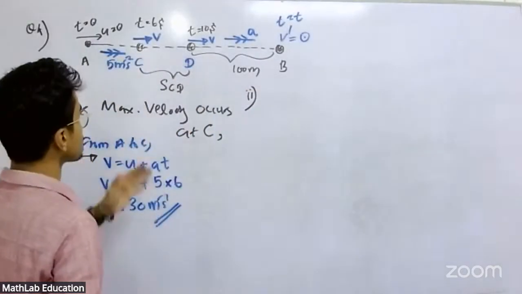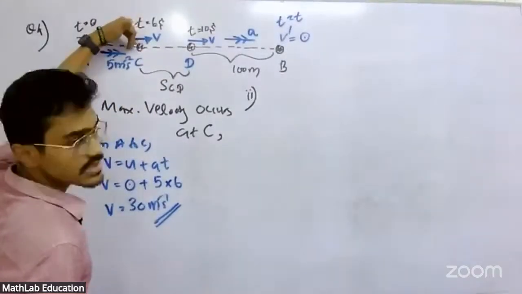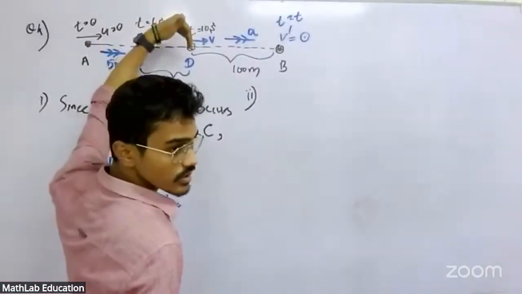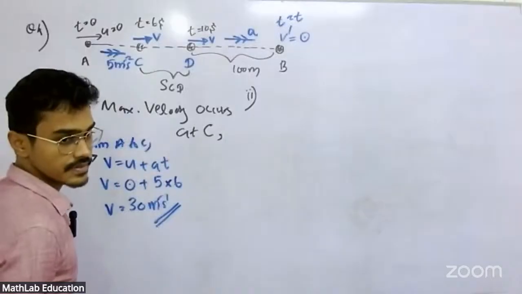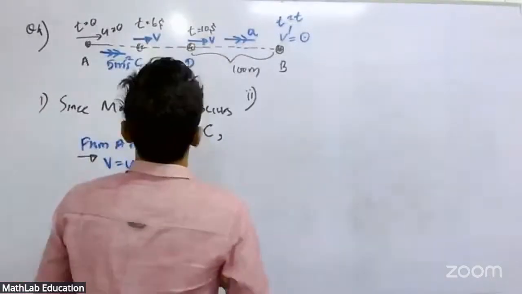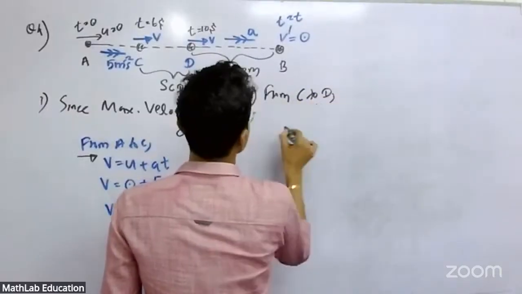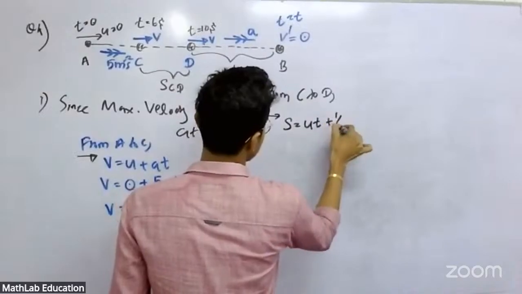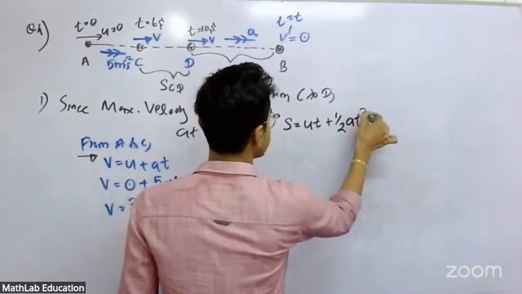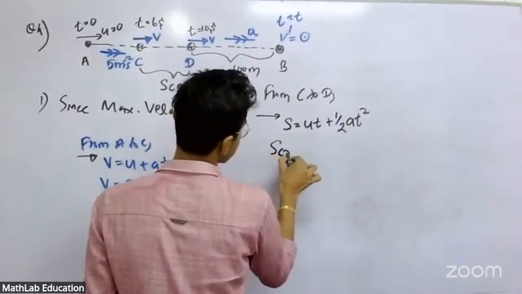Apply an equation from C to D. Now velocity at C is known. Velocity at D is also known. And time is also known. I'm going to use, from C to D, S equals UT plus half AT squared. S from C to D is SCD.